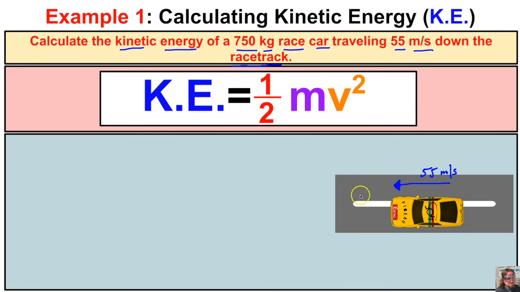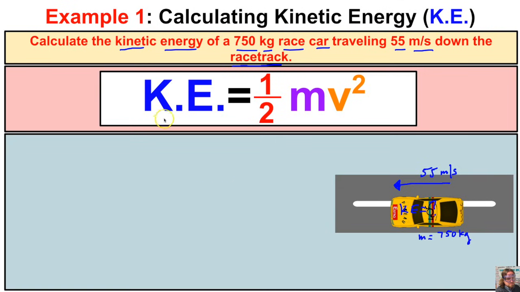Also, what we know about this race car is that its mass is equal to 750 kilograms. And so what we want to know is how much kinetic energy this race car has if it's traveling down the track at 55 meters per second and has a mass of 750 kilograms.